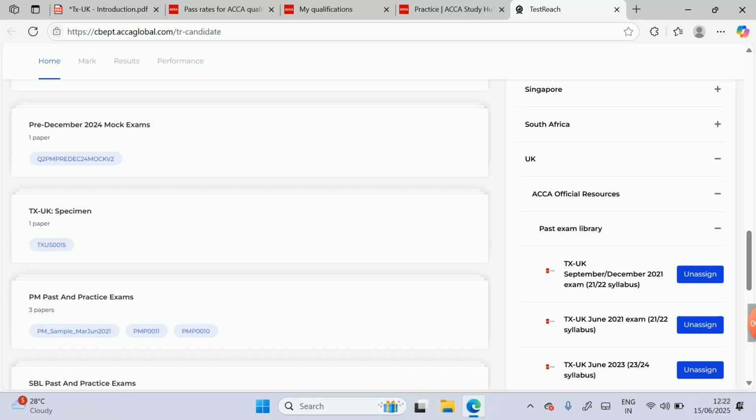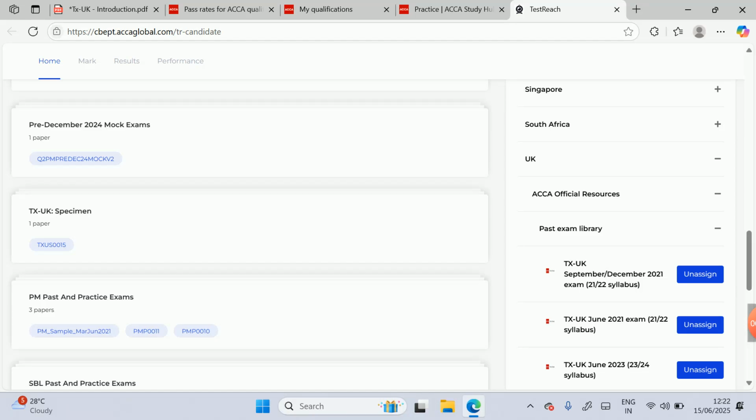There is a past exam library, but the issue in the past exam library may be that things may not be aligned with the current Finance Act, because tax is a subject which changes every year, due to the updated Finance Act. So if you do a syllabus or a question of 21-22, these won't be aligned with your FA 2024, right?